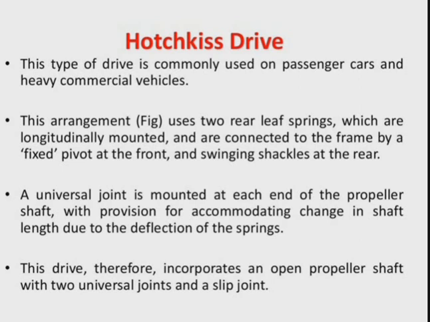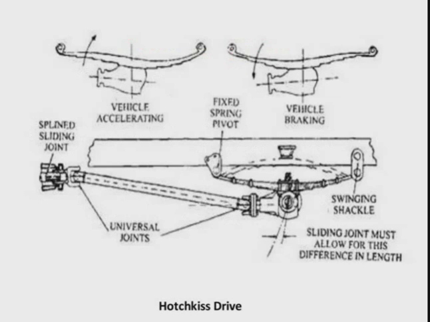A universal joint is mounted at each end of the propeller shaft, and the slip joint accommodates the shaft length change due to the deflection of the springs. So this drive incorporates an open propeller shaft, two universal joints and a slip joint.